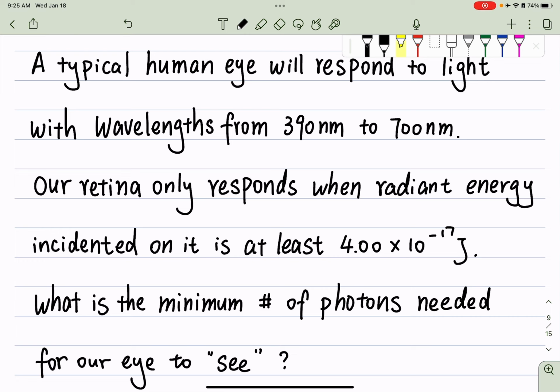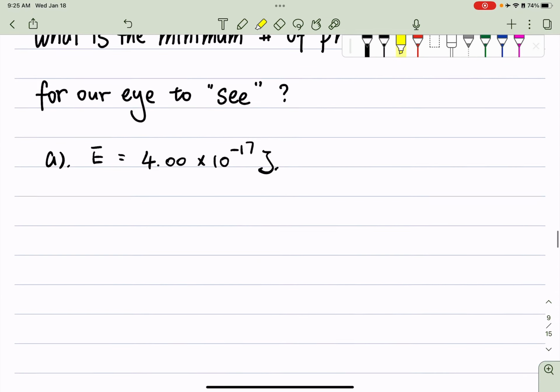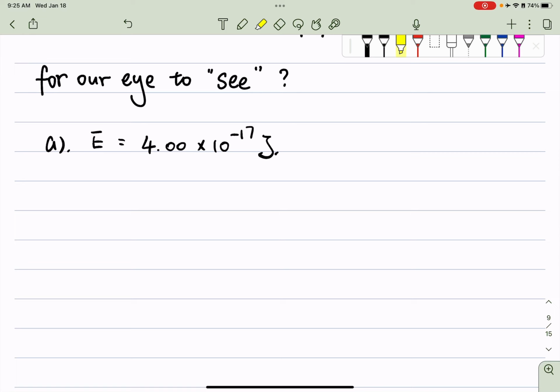To solve this problem, first let's write out what we know. Energy equals 4.00 times 10 to the negative 17 joules. And it is asking for the minimum number of photons needed.